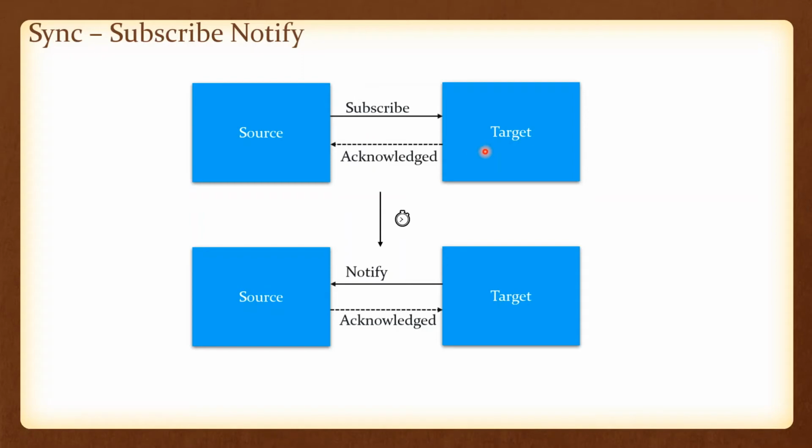Now once the source system subscribes to the target and the target sends an acknowledgement back to the source system, whenever after a particular period of time there is an event available which the source is interested in, the target system can establish a connection with the source and can send a stream of notifications, not just a single notification, but it can send multiple notifications.